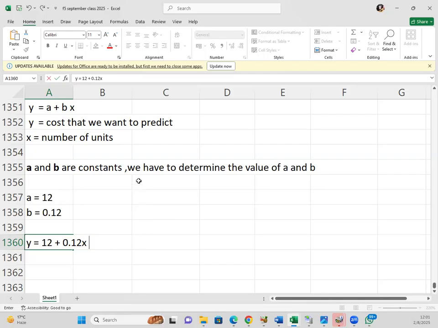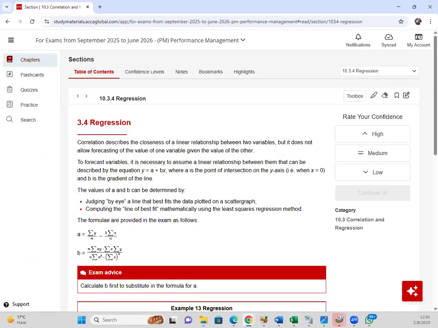But how do you come up with A and B? Again, there is a formula that you have to use, which is given as well. If you can look at the formula there, that's the formula for A. And that's the formula for B. So these will be given in the exam, but you need to practice making use of these formulas.